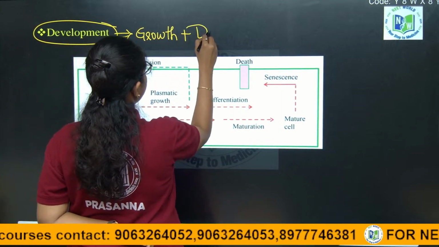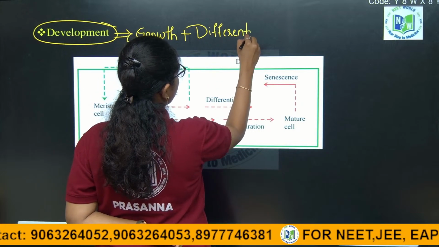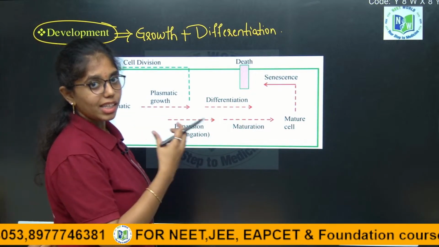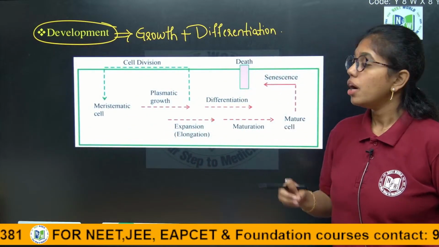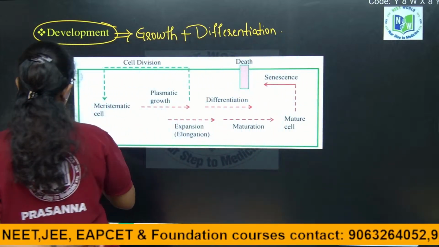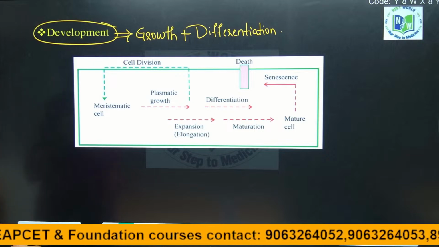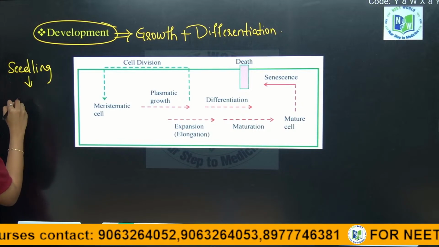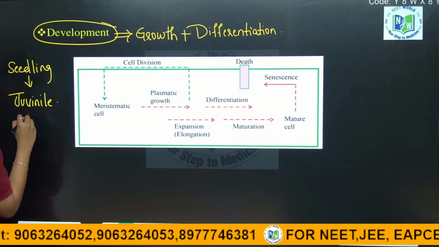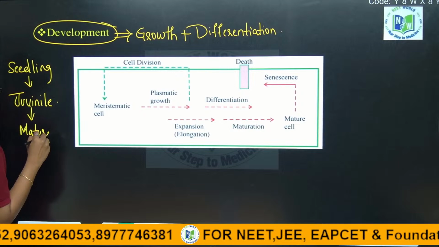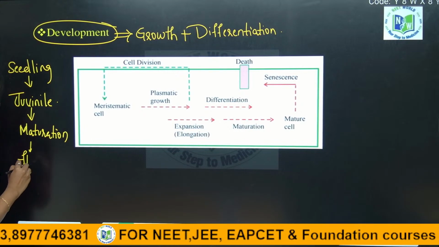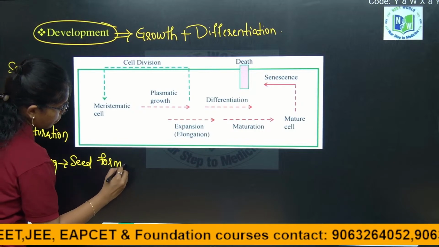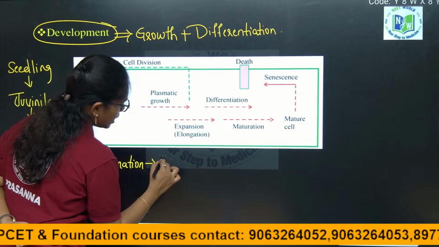The sequential changes that are observed in a plant from the juvenile phase or seedling phase to the maturation phase are called development. First is the seedling stage, then the juvenile stage, then the maturation stage, and flowering, seed formation, and senescence or death.